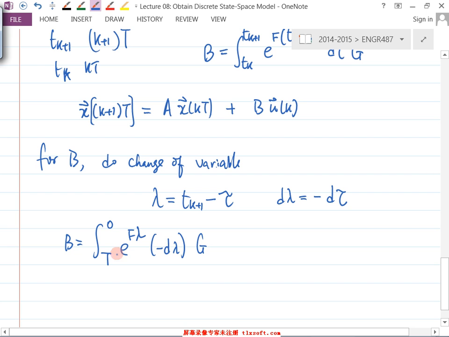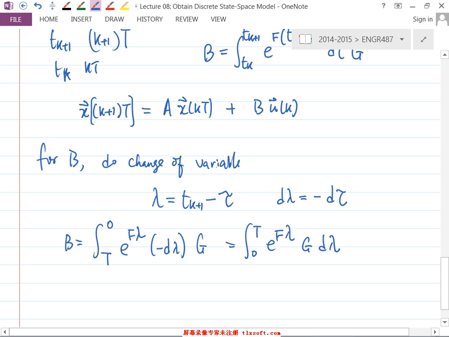So this is a negative, and the limits are T to 0. As you learned, if you change this to 0 to T, you have a negative, and then negative and negative cancel each other here. So basically, I'll put the g back into here, so the same thing.